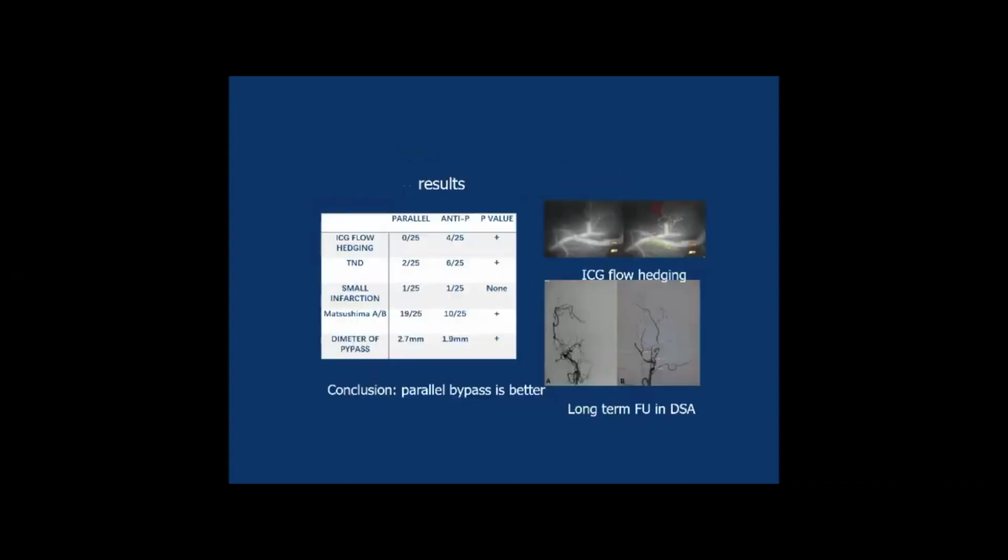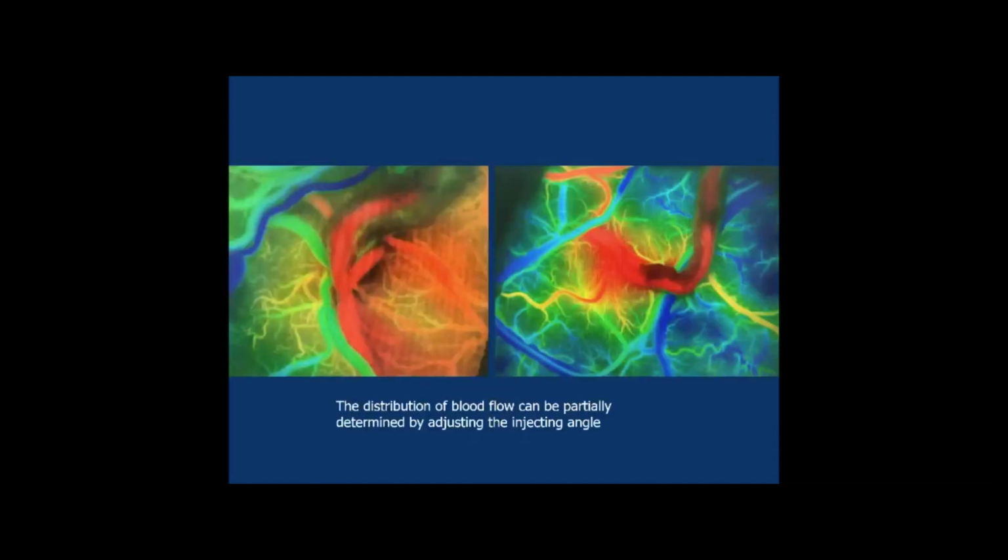The result shows that the parallel bypass is better, which means you should keep the injecting blood flow in the same direction as the blood flow in the original recipient artery. So the distribution of blood flow can be partially determined by adjusting the injecting angle.